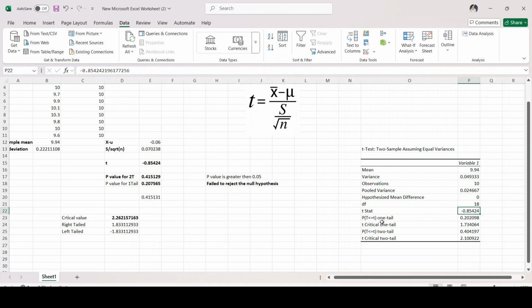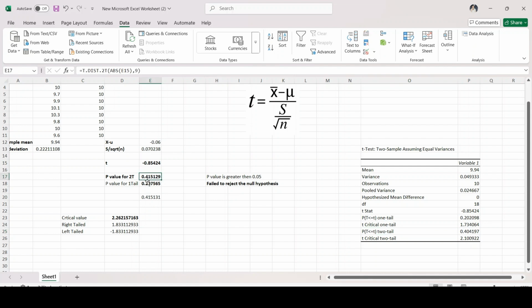Okay, so what is the p value if there is a one tail test? Here we also try to find out the p value, that is also the same, 0.2075, right? So you can conclude the hypothesis, if it is only a one tail test, by using this p value. And the p value for the two tail test is 0.401, right?